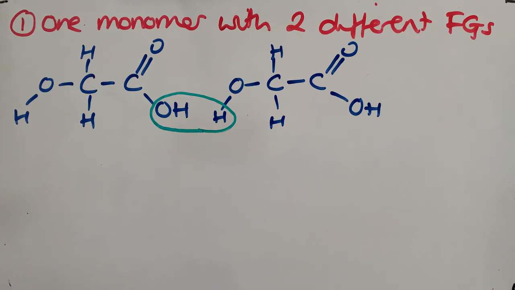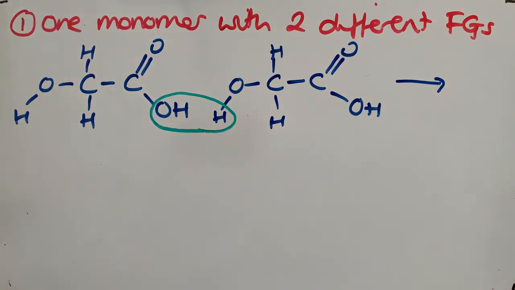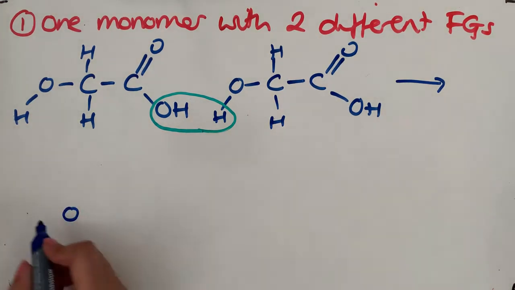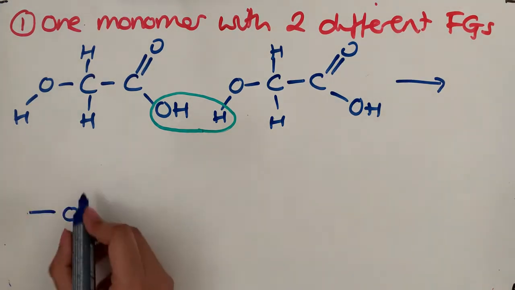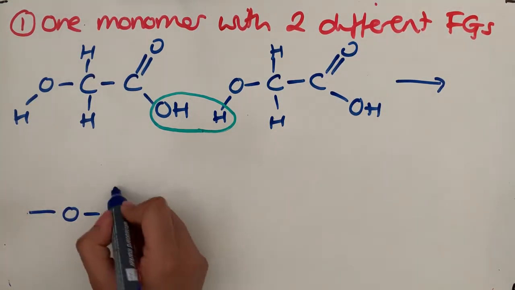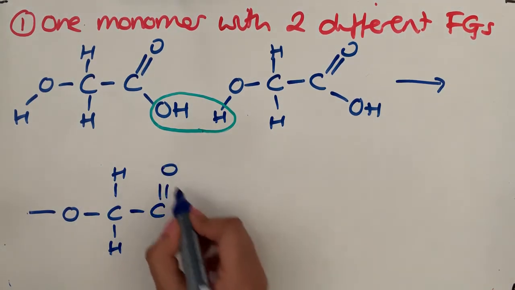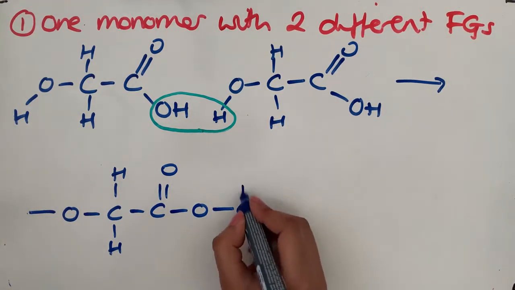So I'm going to draw out the polymer that this forms. And remember, when we draw out the polymer, we have to show these extended bonds that are coming out of the square brackets. So if I just start drawing this, this is that ester bond that's forming.